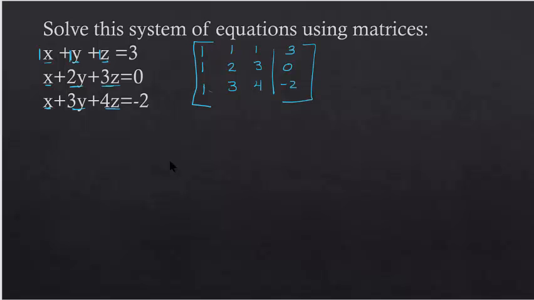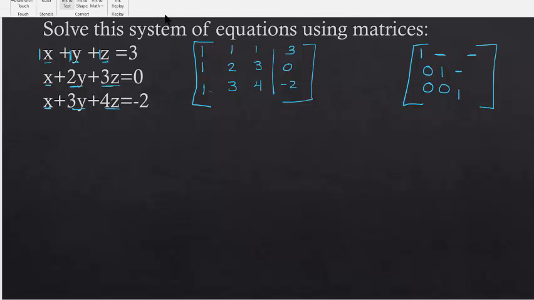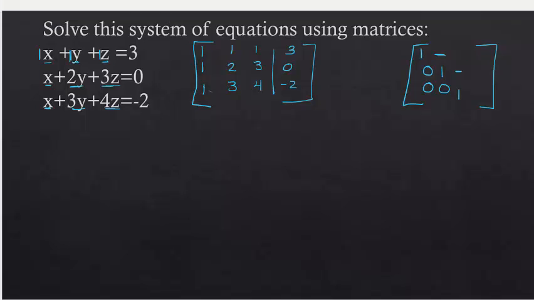All right, and remember, our goal is to try to get it into row echelon form. So what is that going to look like for this matrix? We're going to have 1s on all the diagonals, 0s underneath those 1s, and then these last ones here. Maybe I should push this one over a little bit.